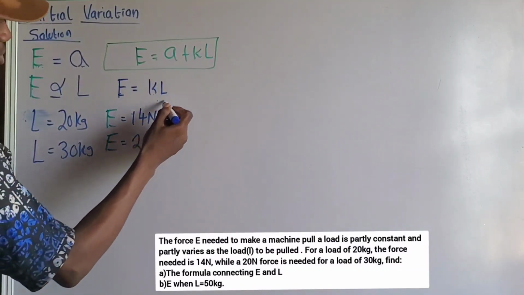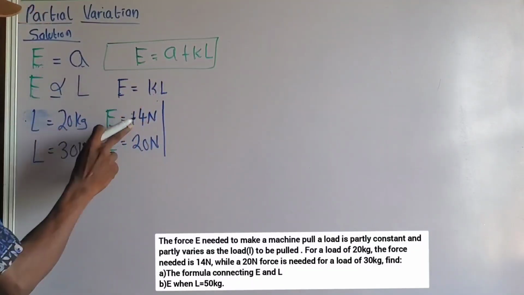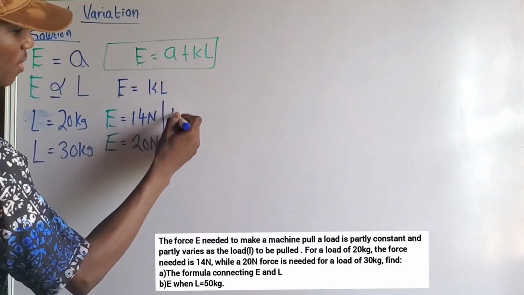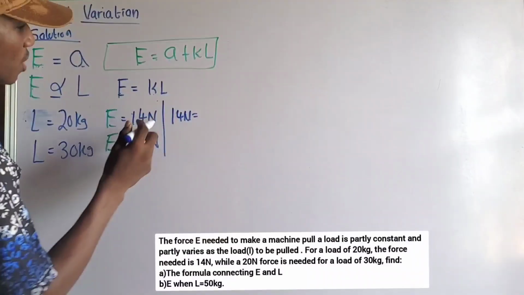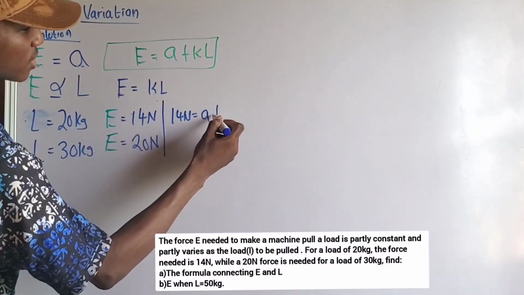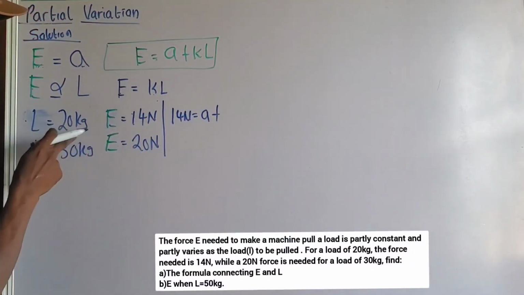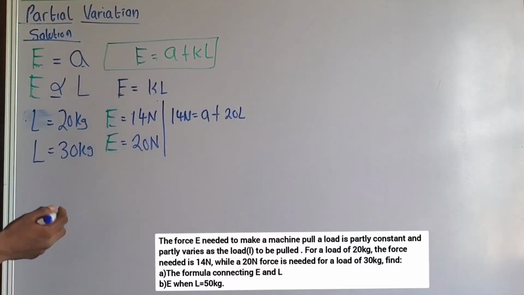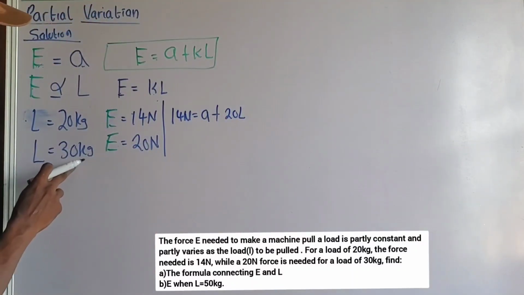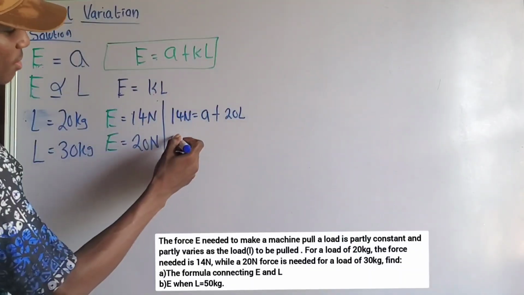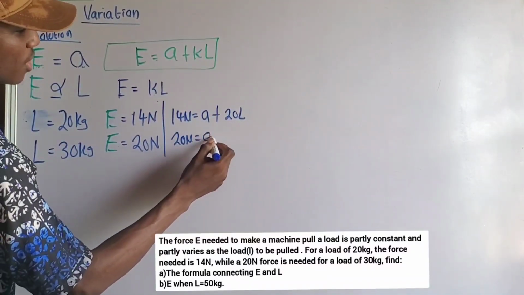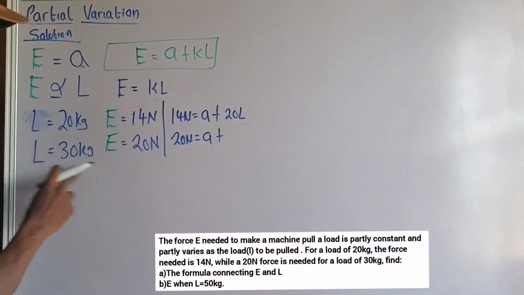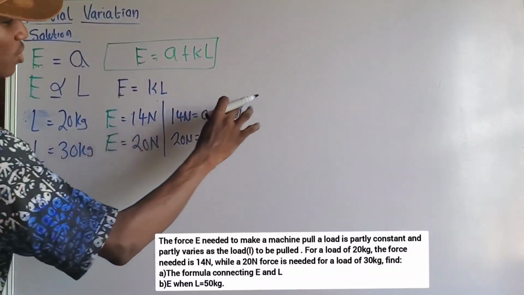So let us substitute those values. 14 Newton is equal to A plus K times 20, that is 20K. Now for the second one, E equals 20 Newton and L equals 30, so 20 Newton is equal to A plus 30K.